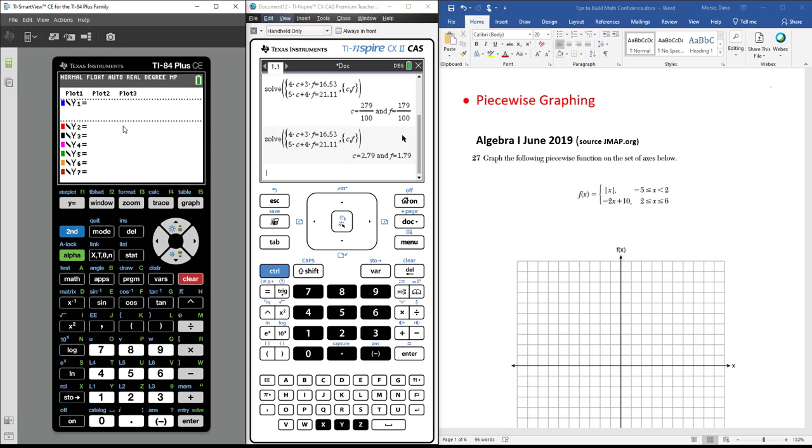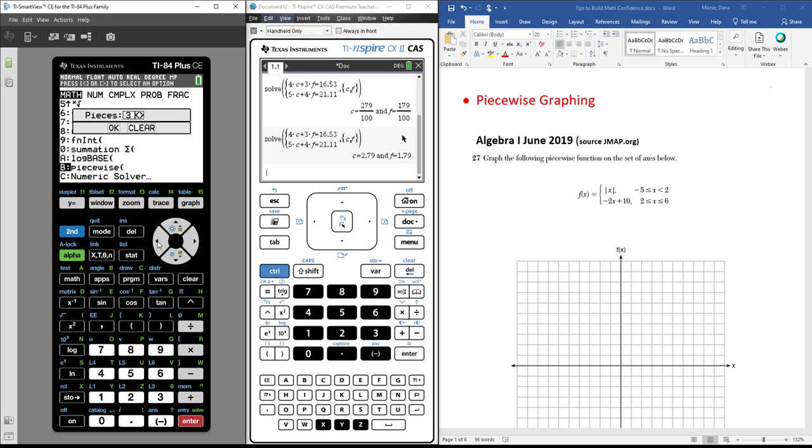For the CE, you go to Math, you up arrow twice. If you happen to have a CE, and when you hit Math and up arrow twice, it doesn't have Piecewise, your operating system isn't up to date. I'll work with you to update your operating system so that you can do it. I'm going to select Piecewise and drop it down using the left-right arrows to 2 pieces.